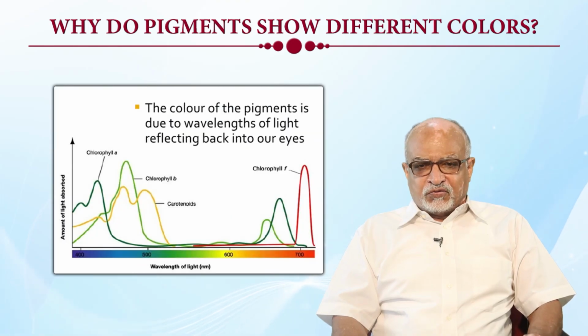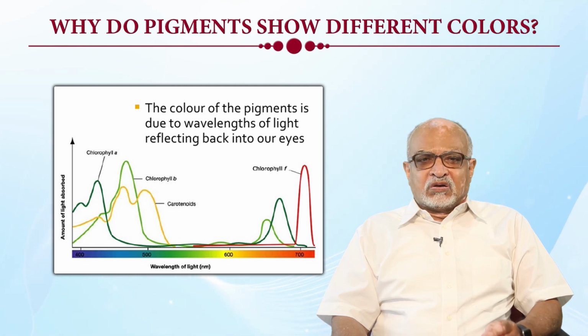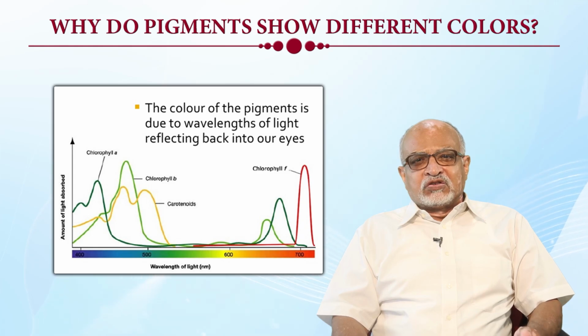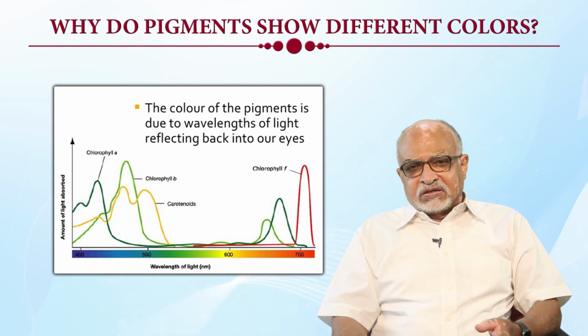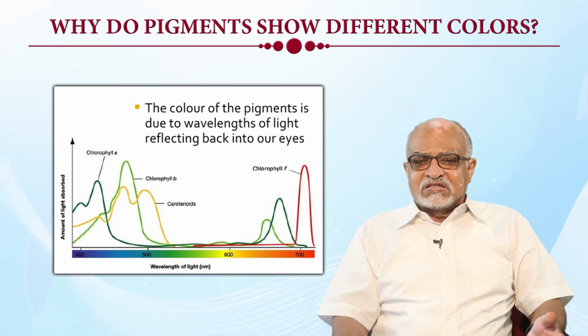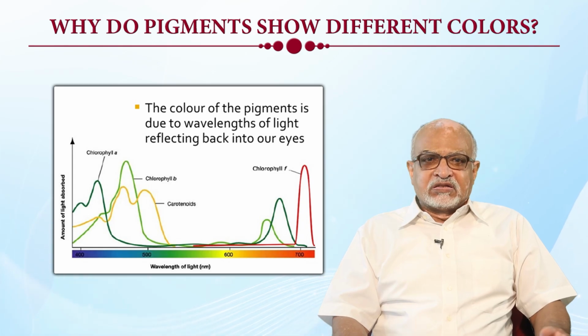Coming to my basic question, why do the plants show different colors? The answer is simple: if we make a graph by studying the absorption through a spectrophotometer, the color of the pigments will be due to the wavelengths of light which are reflected back. A leaf looks green because it absorbs some other wavelengths and reflects green. Likewise, for a red color.